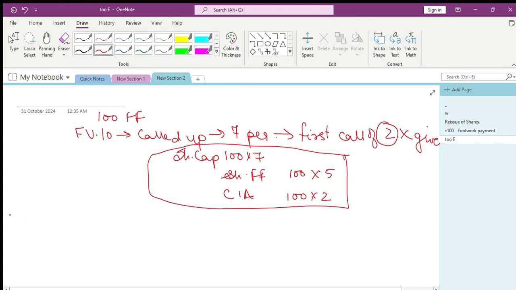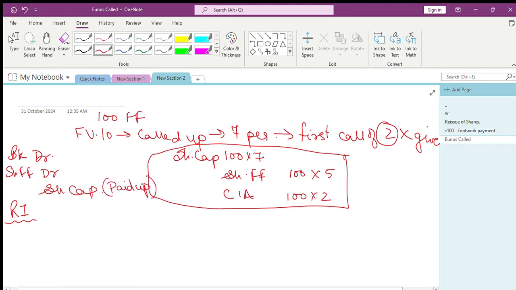Now reissue, let's look at 3 situations. When we reissue, what is important is with what amount share capital gets credited. The entry for reissue is bank debit, share forfeiture debit if we have any discount on reissue, share capital credit. Share capital gets credited with paid up capital.